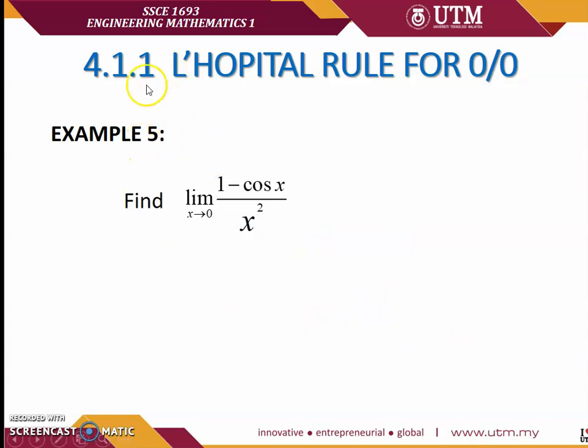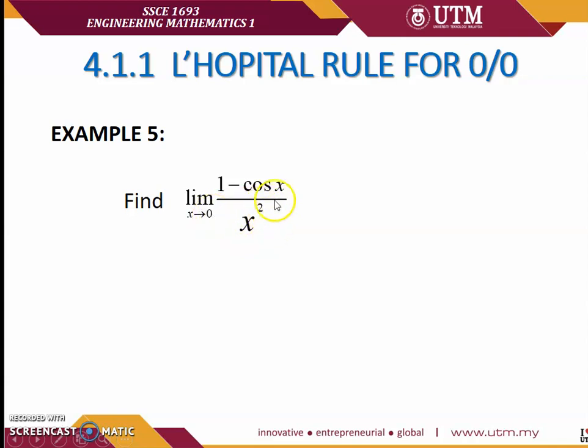Next example, example 5. We have the limit as x tends to 0, where the function f(x) is 1 minus cos x and the function g(x) is x squared.